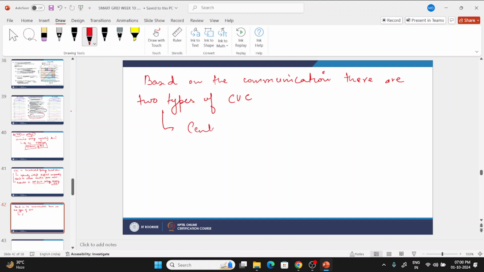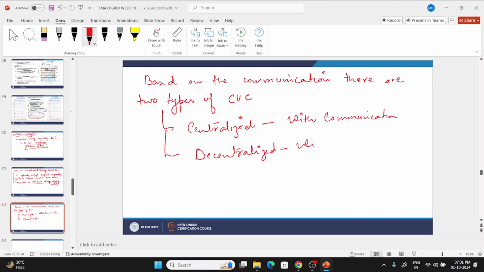One is centralized, which is with communication. Then another one is decentralized, which is without communication.